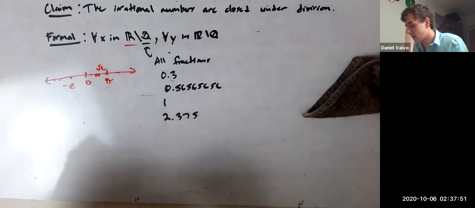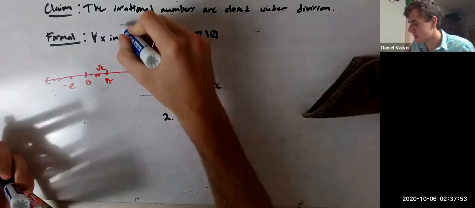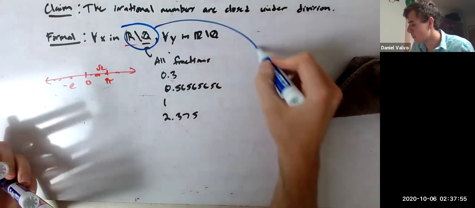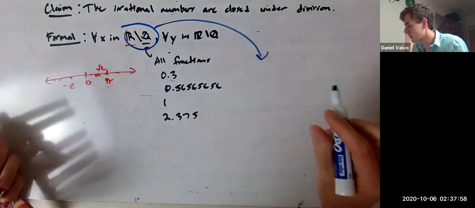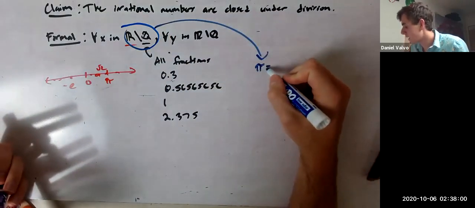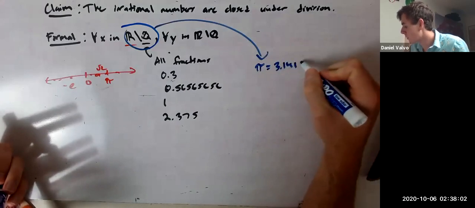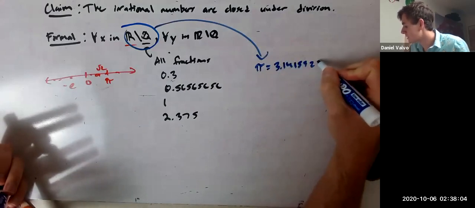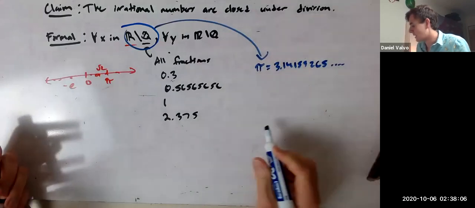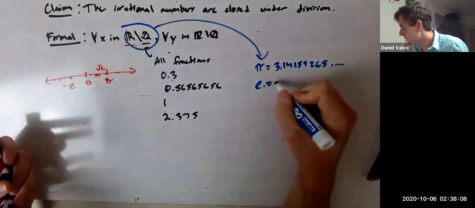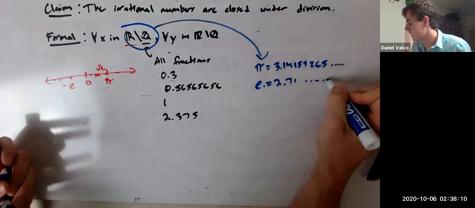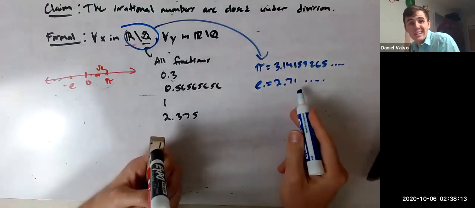The irrational numbers, so the real numbers minus the rational numbers, are things like pi, which equals 3.14159265 something, right? Or e, which equals like 2.7, and the decimals go on forever and they don't repeat.